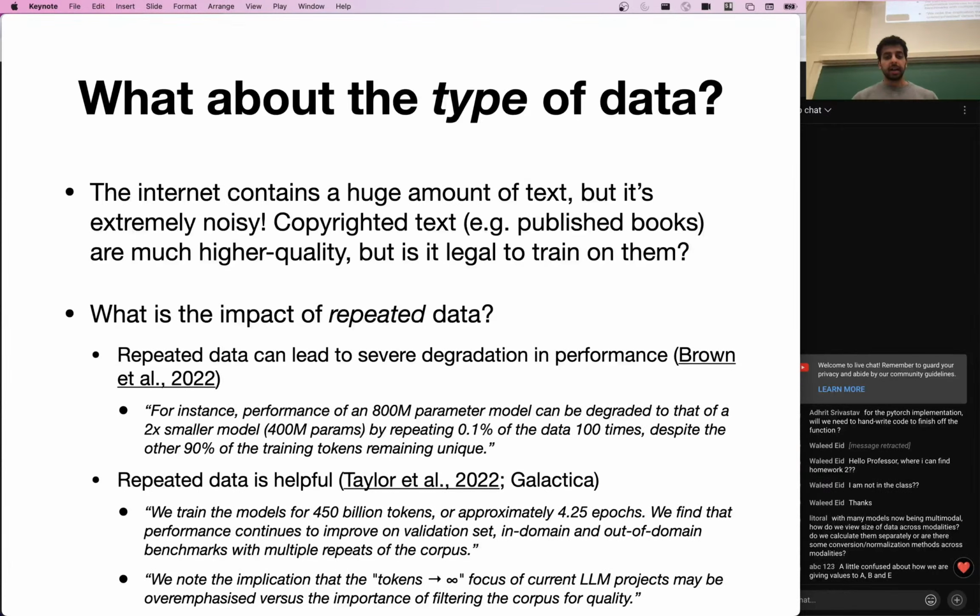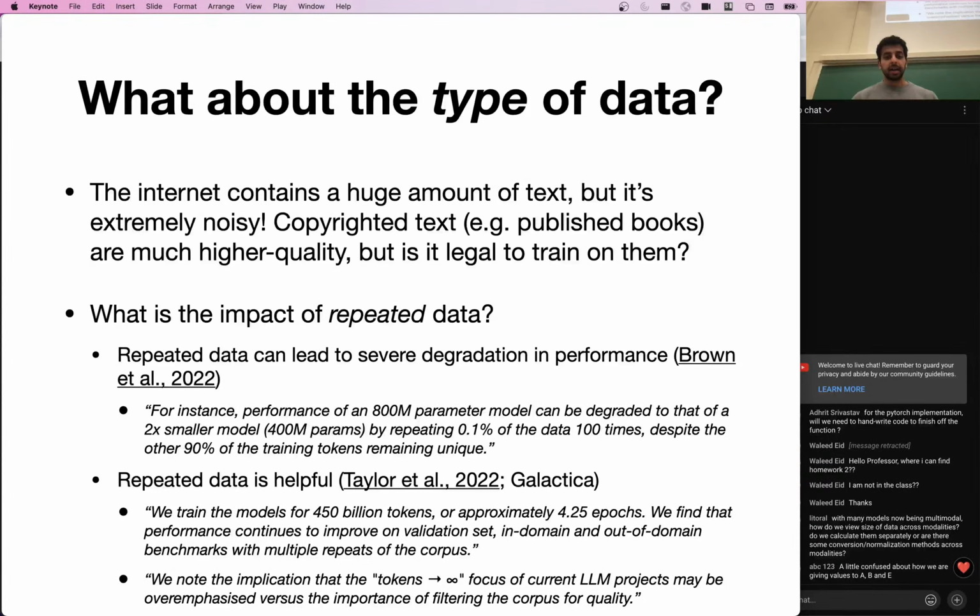There are two competing views. One from OpenAI suggests that repeated data can lead to severe degradation in performance. They have this nice quote: performance of an 800 million parameter model can be degraded to that of a 400 million parameter model by repeating just 0.1% of the data 100 times, despite the other 90% of the training tokens remaining unique.